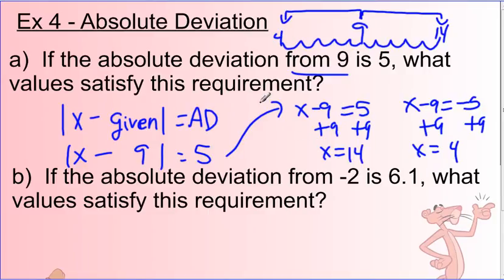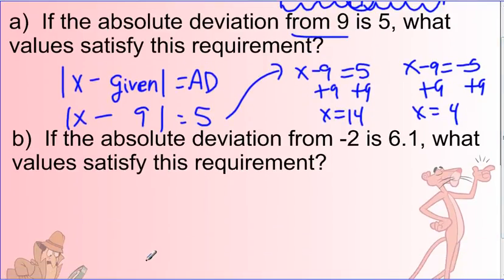So really what this is saying is this given value is the number in the middle, and the absolute deviation is how far you go up and how far you go down from that middle number. That's all it's saying. Now, if you have a hard time doing it in your head like this, that's why we have this little equation. Okay? The concept is really simple. The math behind it could be a little bit more complicated.